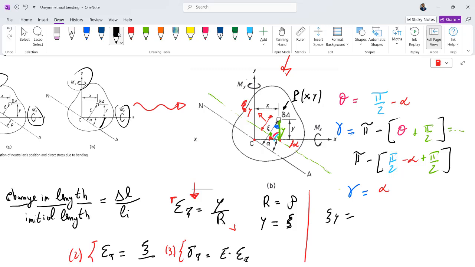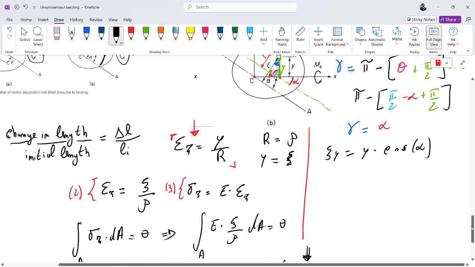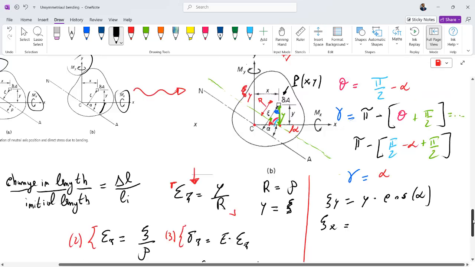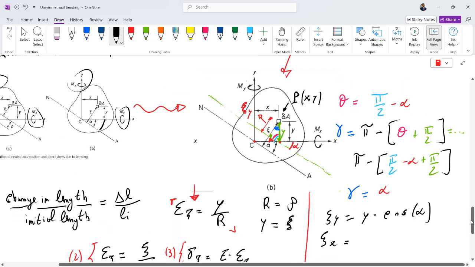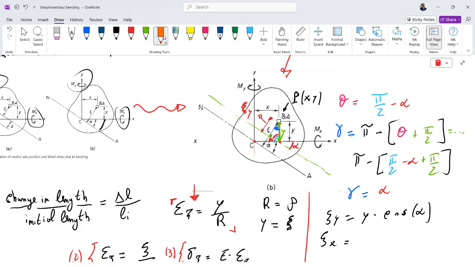Zeta y is equal to y times cosine of alpha. Now we must determine zeta x. If you note this quantity here, this is also x, the x coordinate.